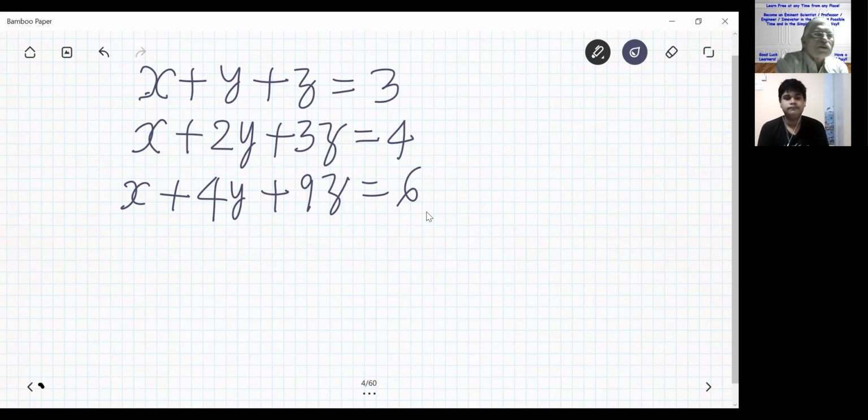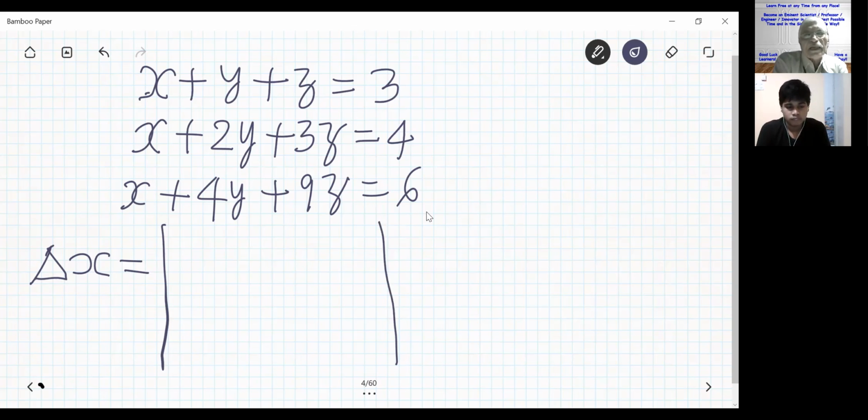Now you have to find delta x. As you have done in the second order determinant, delta x means the x coefficients we replace by the constants that are given on the right hand side of the equal to sign. That means you have to write here 3, 4, and 6. And the y coefficients and z coefficients have no change. Whatever is there, you have to write the same thing.